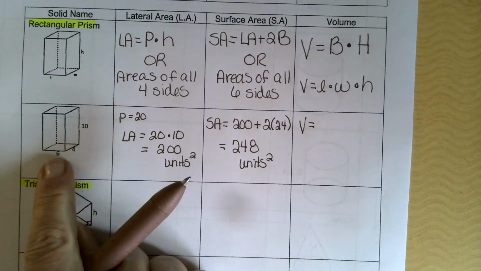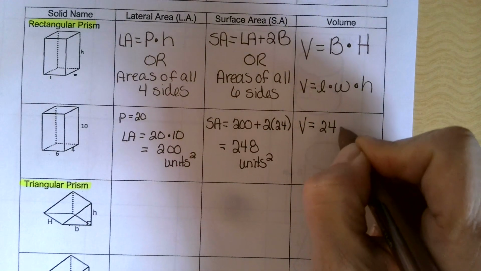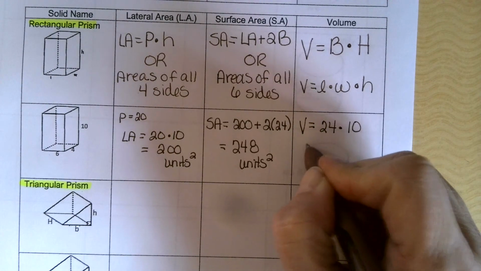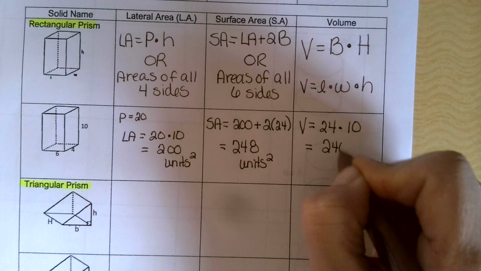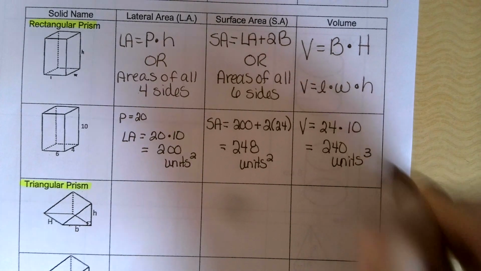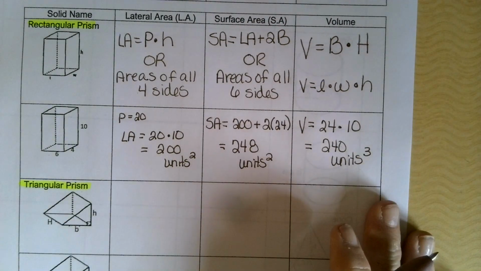Area of the base is a rectangle, 6 times 4, which is 24, times the height. So the volume of this rectangular prism is 240 units cubed.